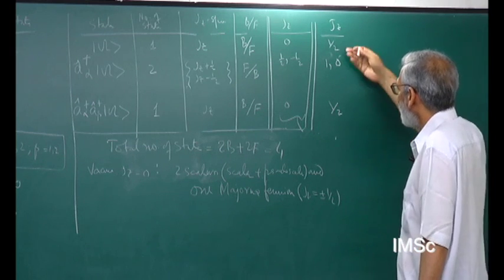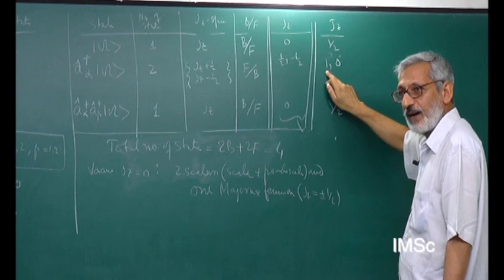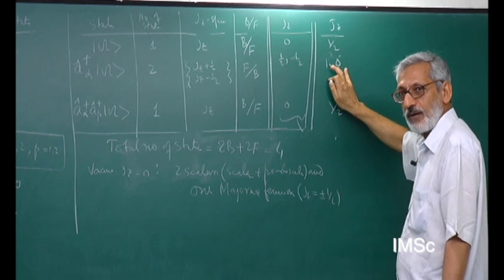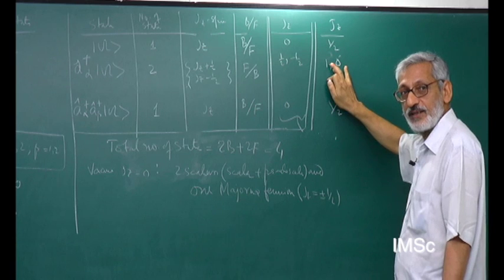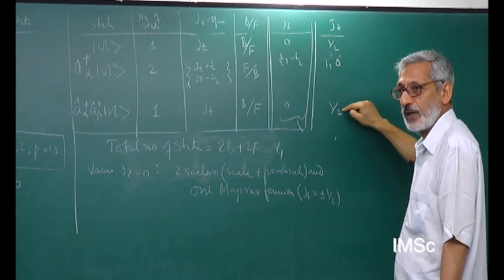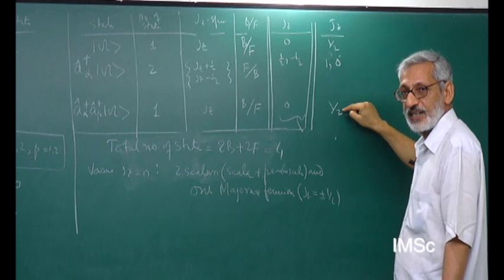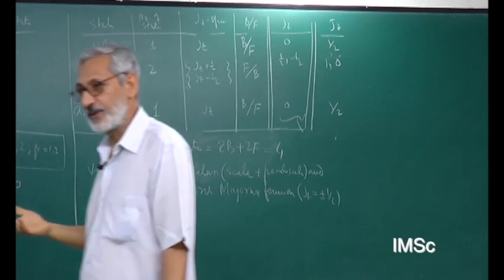So in this state, I have 2 bosons, but one of spin 1, another spin 0, Jz spin 1, Jz spin 0, and I have 2 fermions with same spin. That does not make a representation of the Lorentz group.